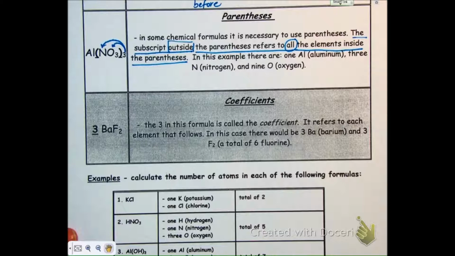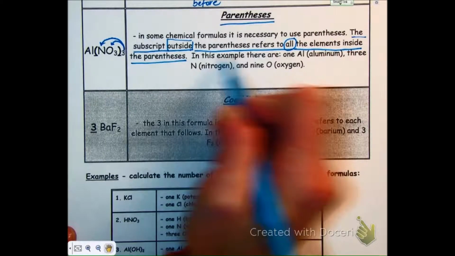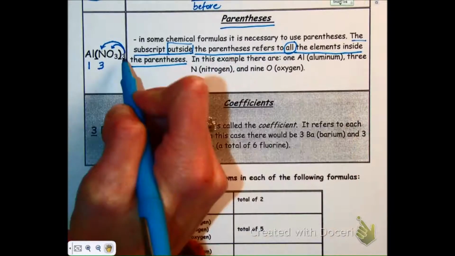So, as we see here, it tells us in this example, there's 1 aluminum. The subscript of 3 applies to the nitrogen, so we have 3 nitrogen. It also applies to the O3, so we multiply our subscripts here. We have 3 O3s, giving us how many O's? 9 oxygen atoms.